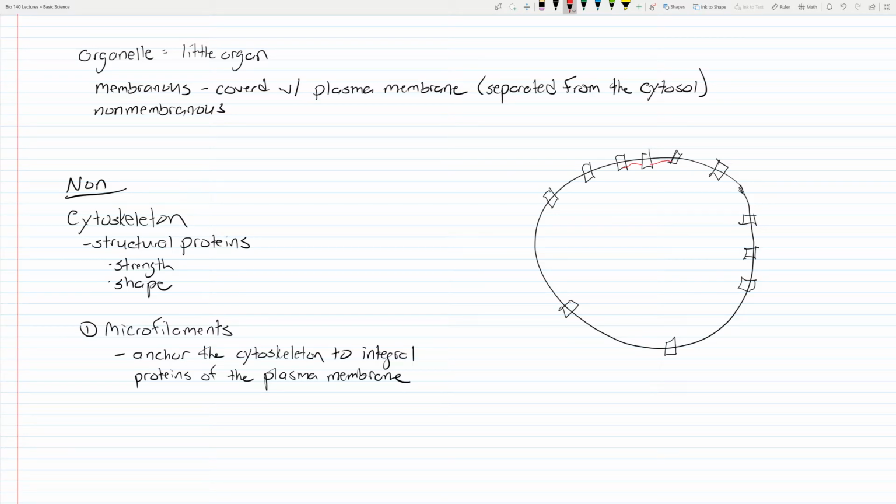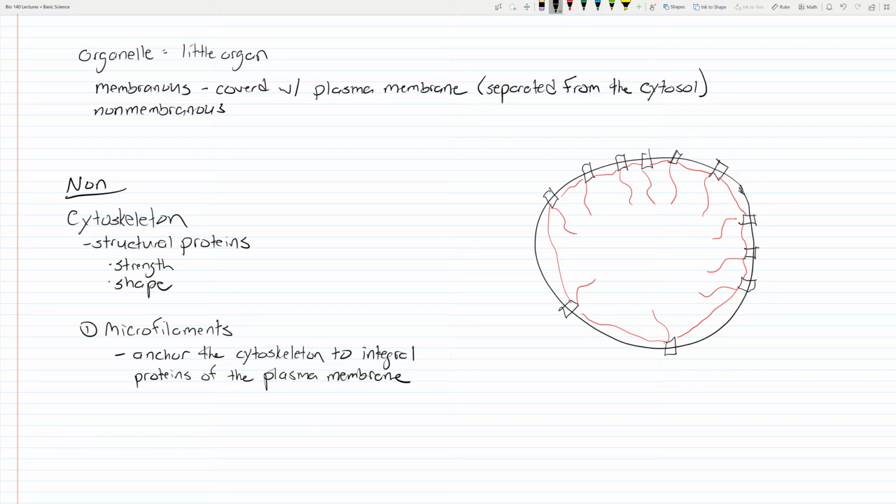Microfilaments go between each one of these integral proteins, and they also anchor down into the cell itself.